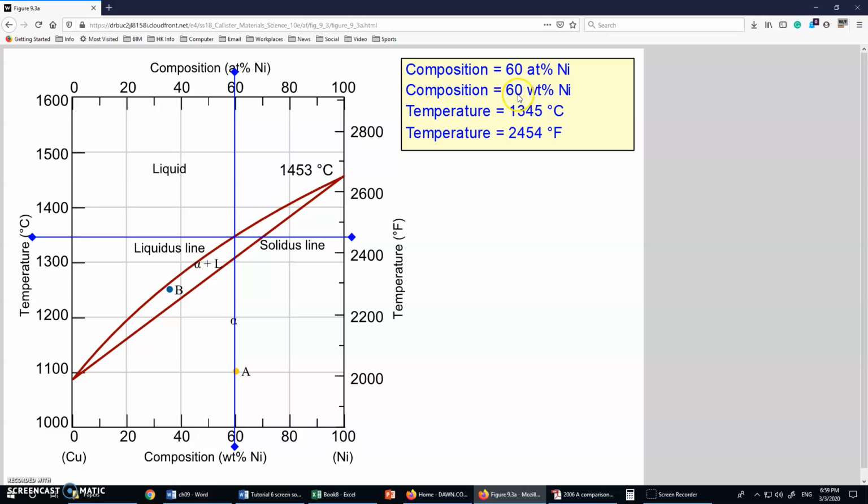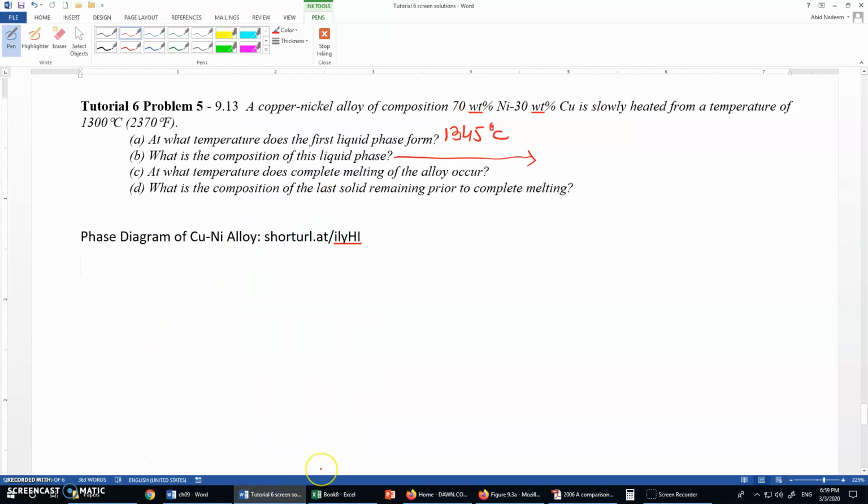Now this composition is about 60%. So this is the composition of the liquid phase at this temperature. So this will be 60%. Composition of the liquid is 60% nickel. Okay, and remaining 40% copper.